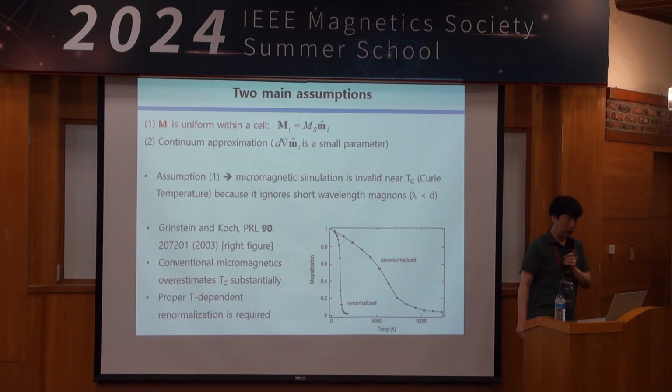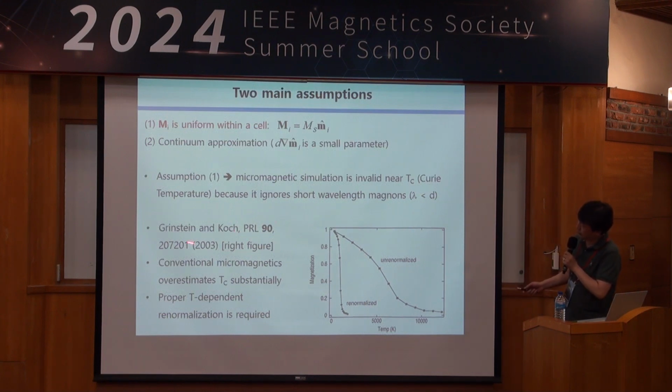I will talk a little bit about these two main assumptions. The first one is that M is uniform within a cell. Because of this assumption, your simulation result becomes invalid near the Curie temperature, because at the Curie temperature you actually excite high-k magnons, and the wavelengths of the magnons can be smaller than your unit cell size. So it actually violates this first assumption. A representative example was given in this very nice paper.